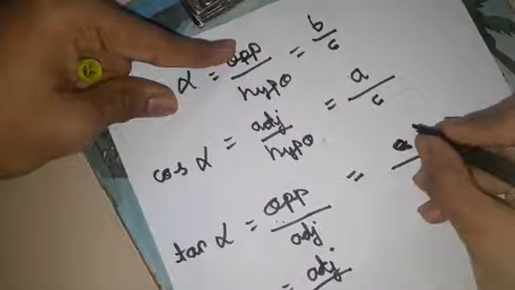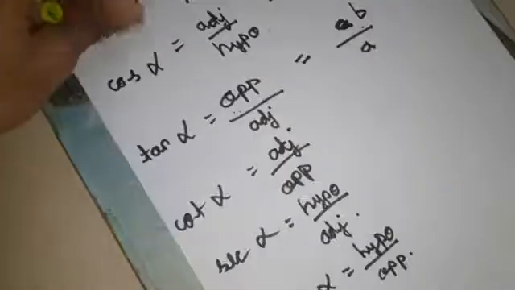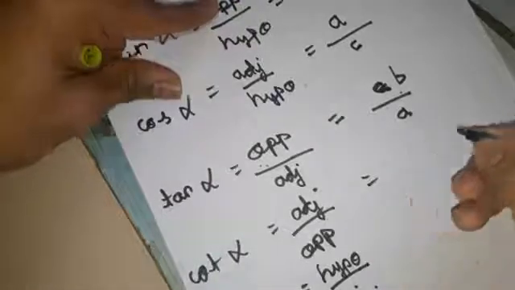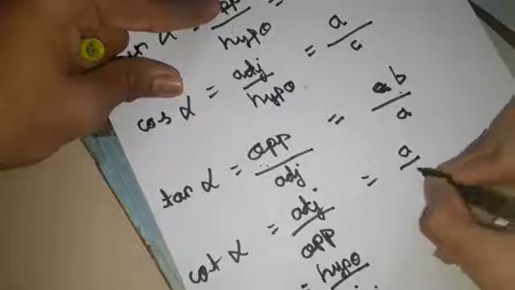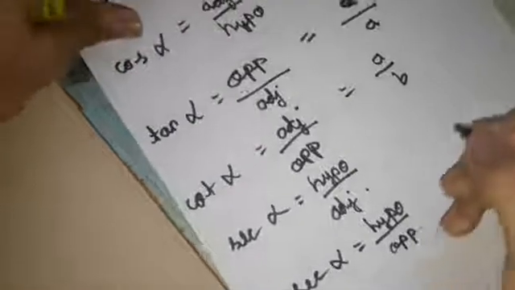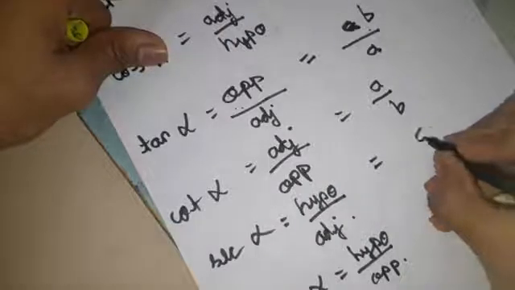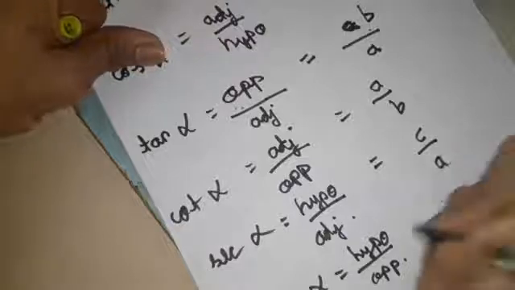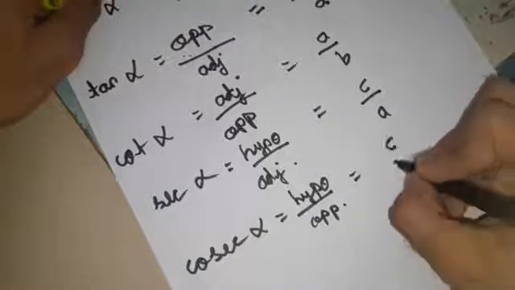Cot alpha is adjacent upon opposite, which is small a upon small b. Sec alpha is hypotenuse upon adjacent, so c upon a. For cosecant, alpha, it is hypotenuse upon opposite, so c upon small b.